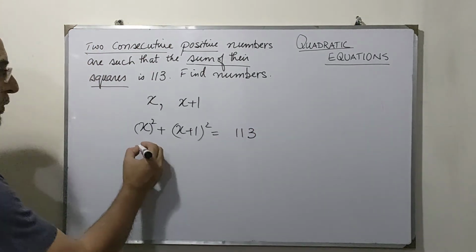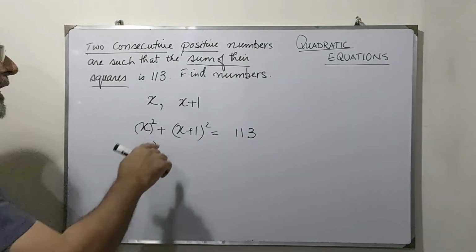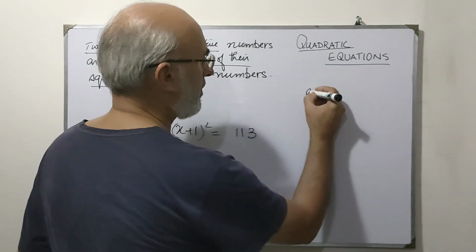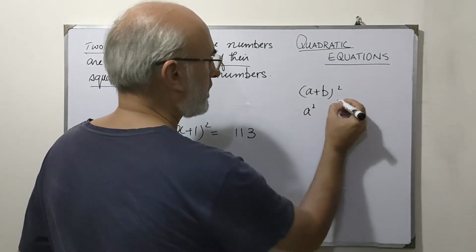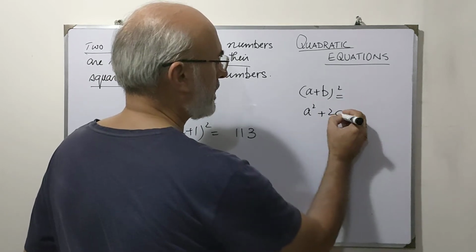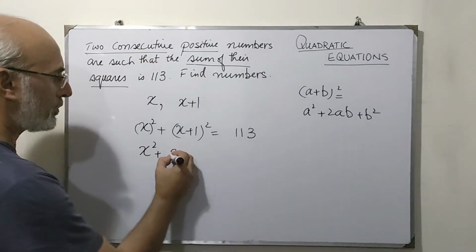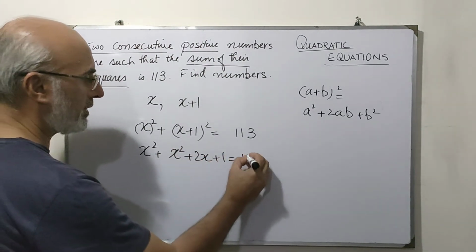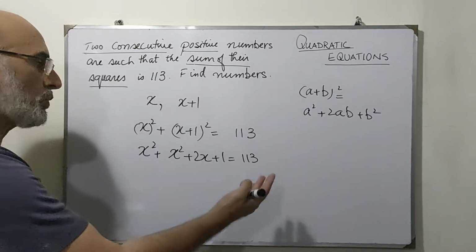Now, applying identity on this, if you remember, we have an identity, a plus b whole square is equal to a square plus 2ab plus b square. So x square plus 2x plus 1 equals 113.